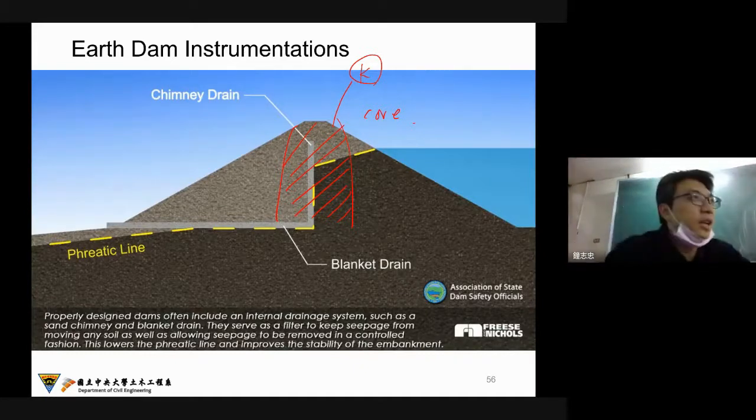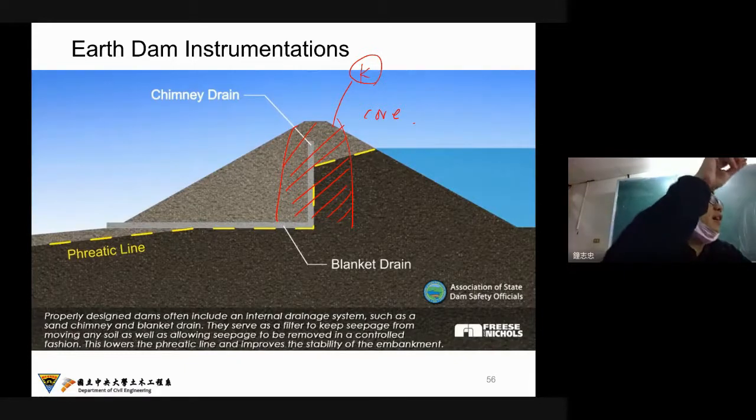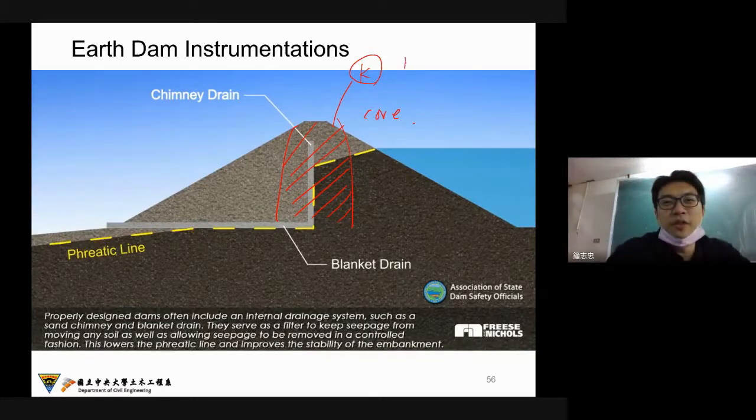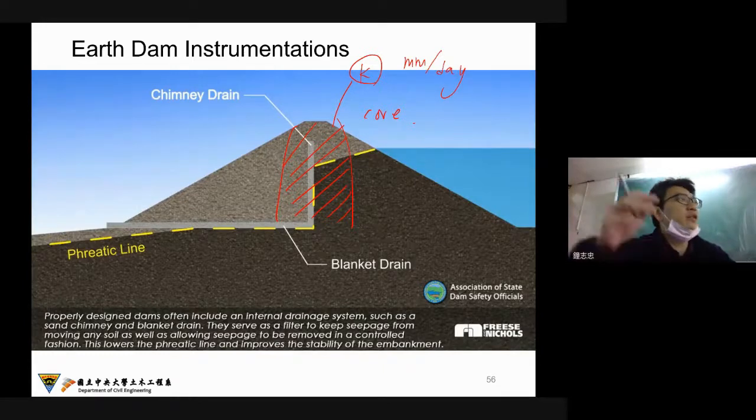It is what we call K. It means that inside of this fine material, the velocity of the water flow is very slow. It's maybe only a few millimeters per day or even per month. The water flows very slowly.